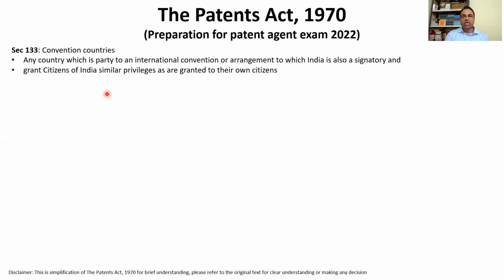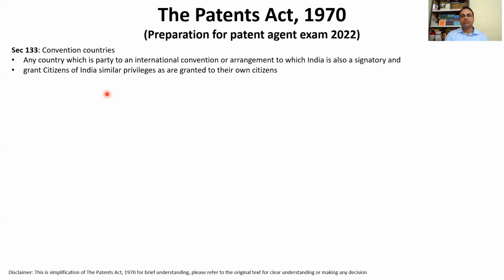And what is the other condition? It grants citizens of India similar privileges as are granted to their own citizens. So they should also reciprocate in the same way. Then only they will be called convention countries.